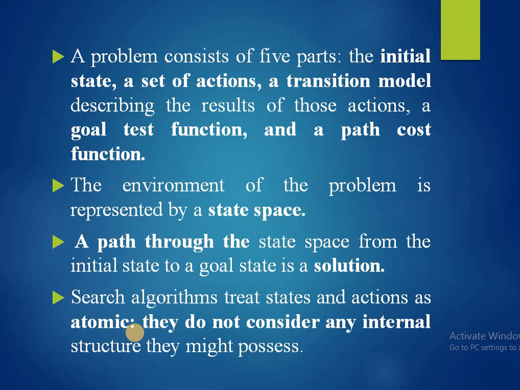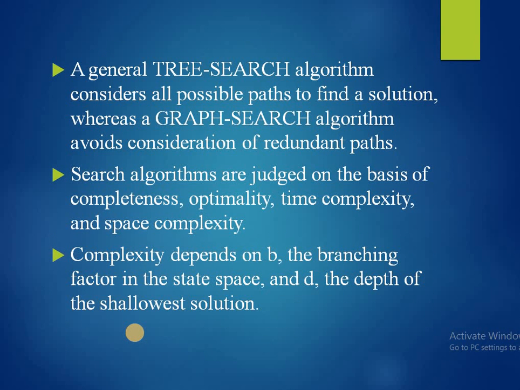Search algorithms treat states and actions as atomic, where they do not consider any internal structure they might possess. A general tree search algorithm considers all possible paths to find a solution, whereas a graph search algorithm avoids consideration of redundant paths.